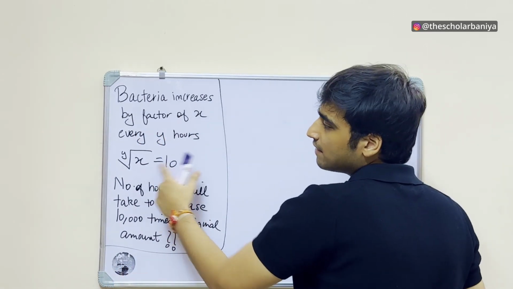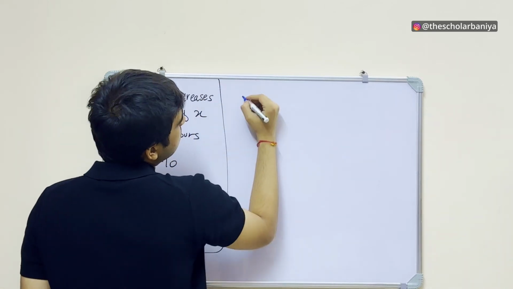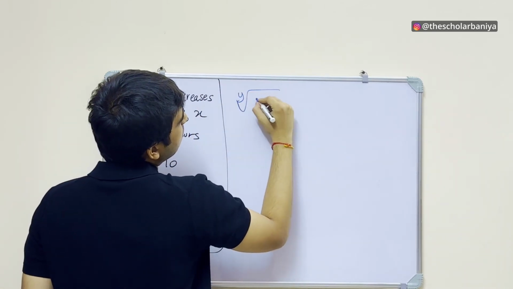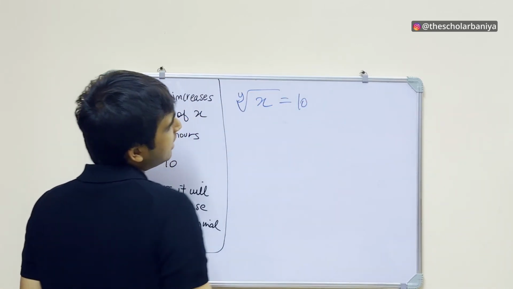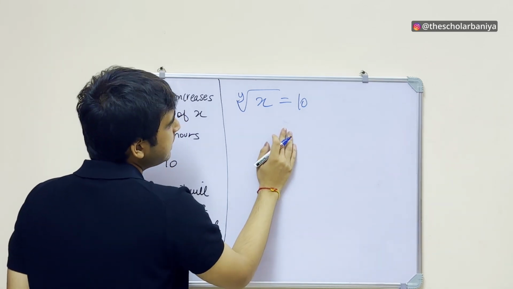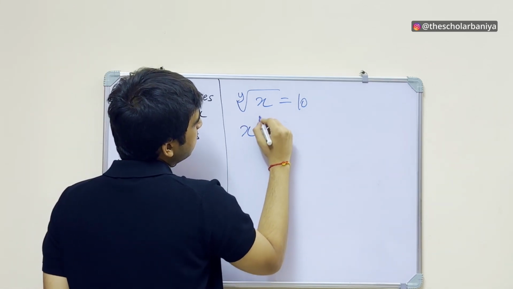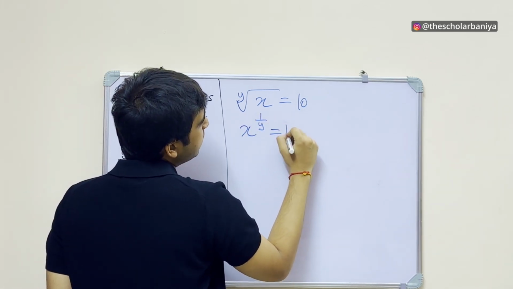So firstly, we are given that x to the power y root is 10. What does this mean? This basically means that x to the power 1 upon y is equal to 10.